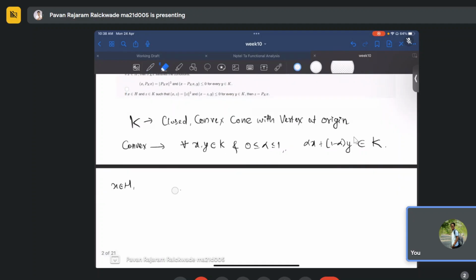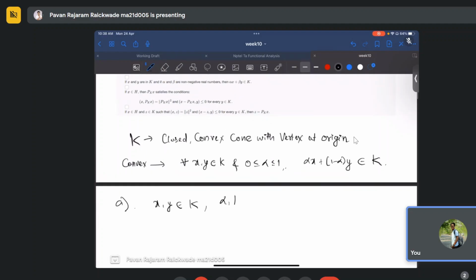So we have x, y in the cone and alpha, beta greater or equal to 0.